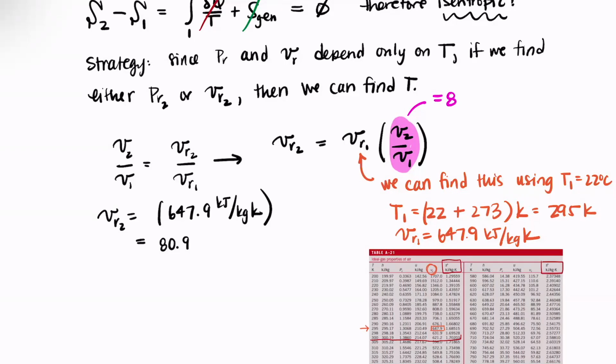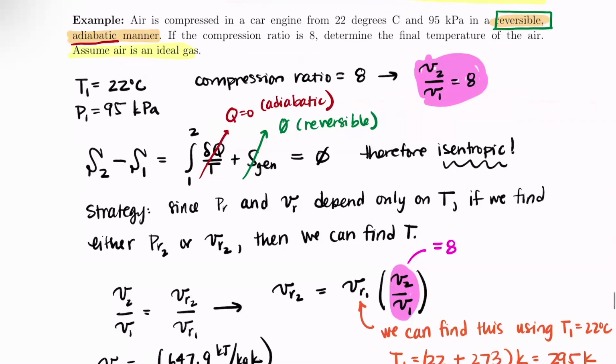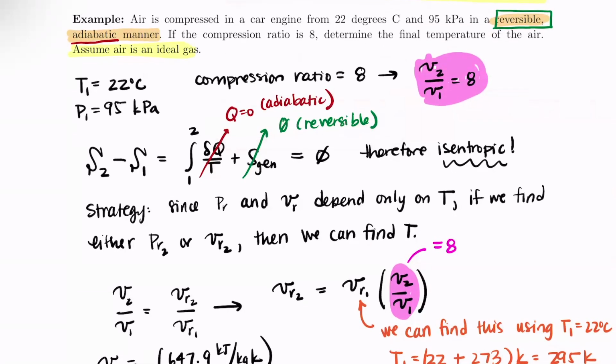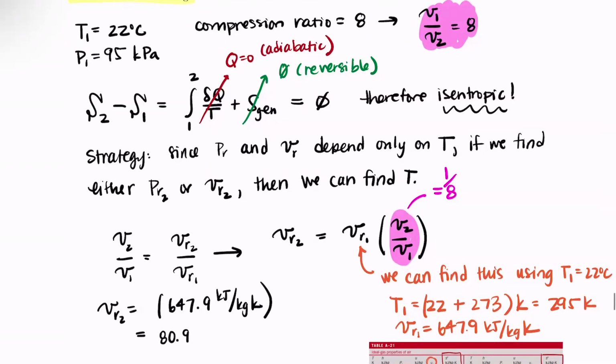I made a mistake. The compression ratio I wrote wrong. So this is V1 over V2. Sorry. So V1 over V2 is 8. So that means V2 over V1 is 1 over 8, right? Sorry about that. So this is 1 divided by 8. Okay.